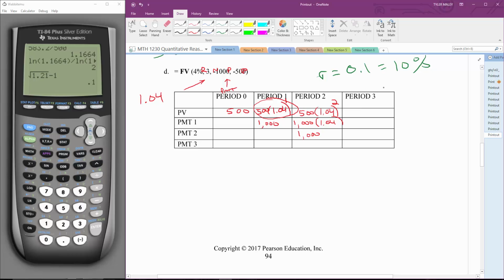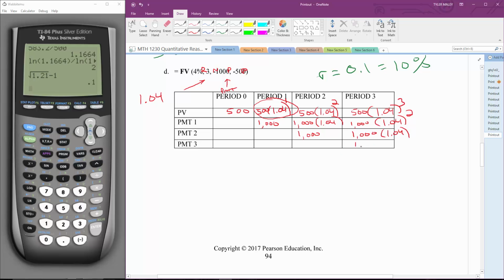So now we move on to period 3 and see what happens. This initial $500 is going to be in there for a total of 3 periods, so we have 1.04 to the third, gaining interest. The first payment will now be 1,000 times 1.04 squared. Payment 2 will gain 1 month of interest, so it'll be 1,000 times 1.04.